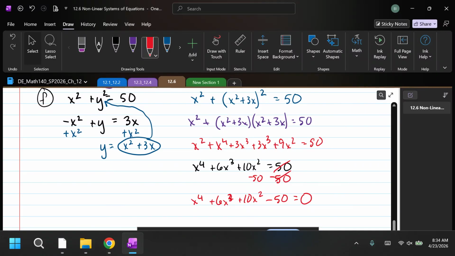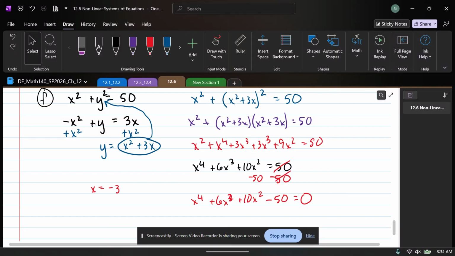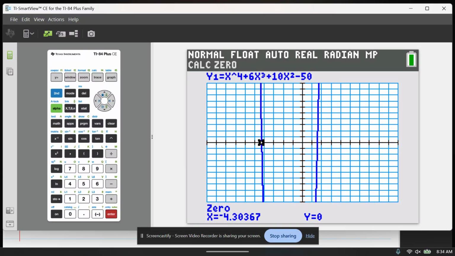There is my decimal for that zero, negative 4.30367. That's an x. I've got another x value there on my calculator over here in the first quadrant, on the positive side of the x value between 1 and 2. I'm going to hit second trace, zero. I'm going to move over there.